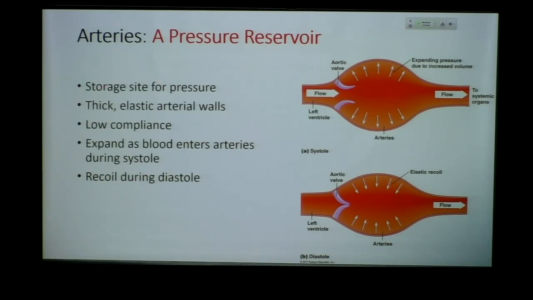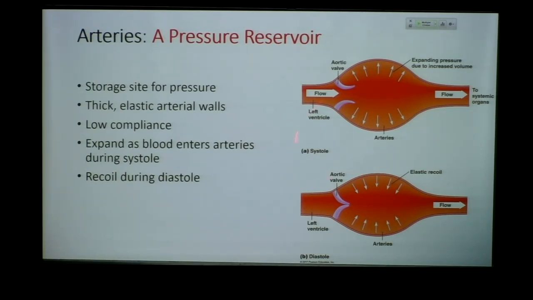Now we know that arteries are going to expand as blood enters during systole, right, that ejection phase or phase 3. And so when we have the semilunar valves open, blood is going to leave the ventricle, enter the arteries, in this case the aorta as an example. And when we are in diastole, when these valves close, we're going to have the recoil of that artery back to its original shape.